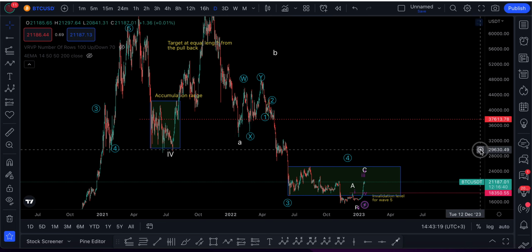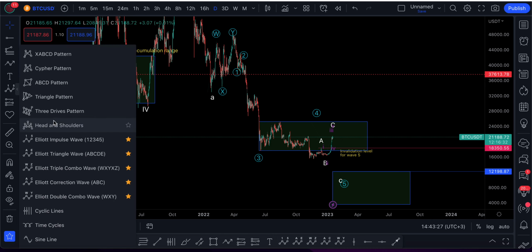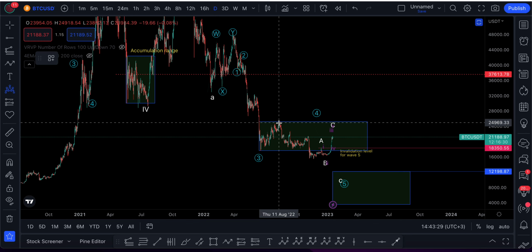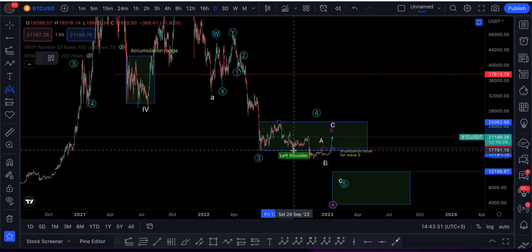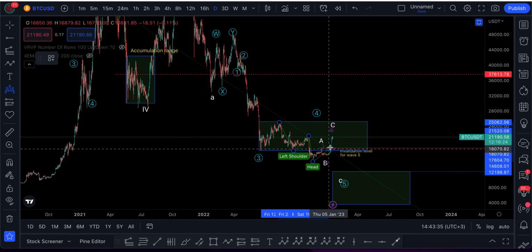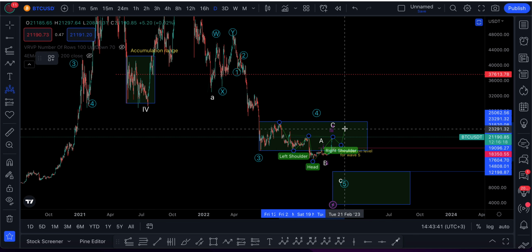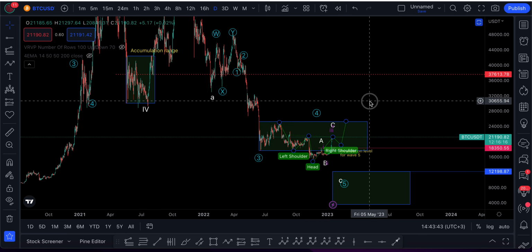So the other scenario that we have is, well, maybe BTC has bottomed and we might be having a structure like the following. Let me just quickly demonstrate. So from this point, this is the left shoulder, we have the head, and we might have this pull back, which I'm expecting, the right shoulder, right? And then target the upper bound.